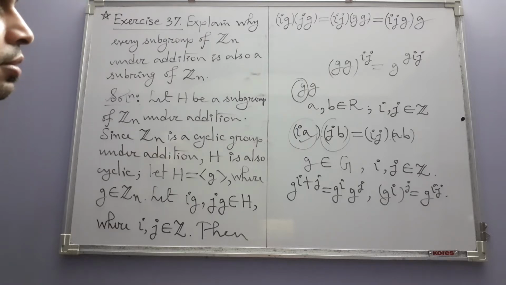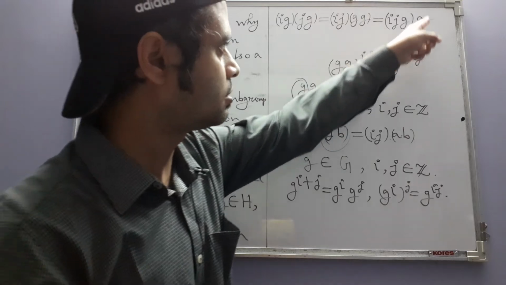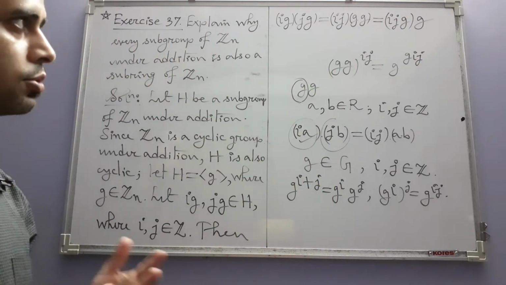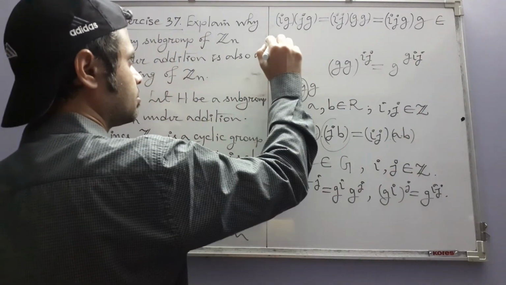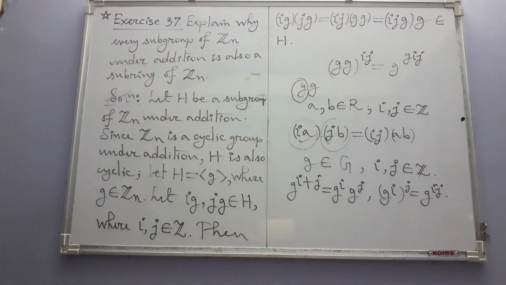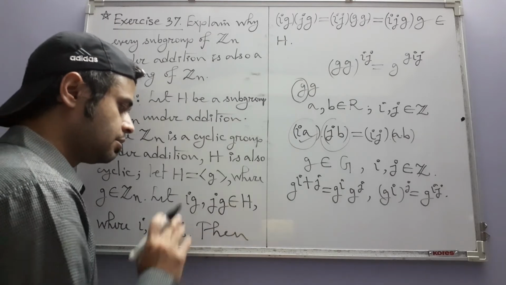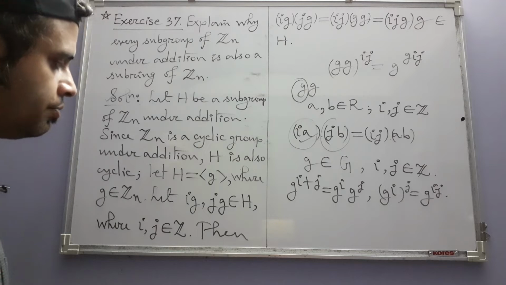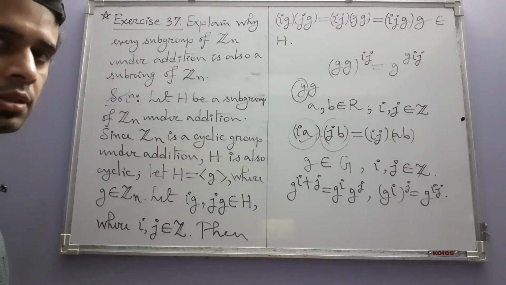Okay, so you see that ultimately again this is an integral power of g, so it will belong to h. And that is why, because h is also closed, besides being a subgroup under addition, it is also closed under multiplication, so it's a subring of Cn.